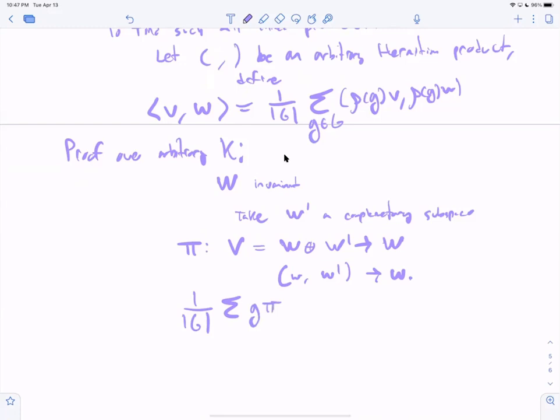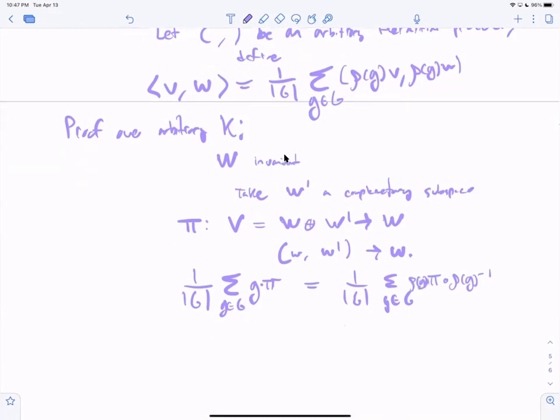So I just take the natural action of G on pi, which is an endomorphism of V. And I just average over the action. So this is literally 1 over G, sum over g contained in G. The action is you compose with g.